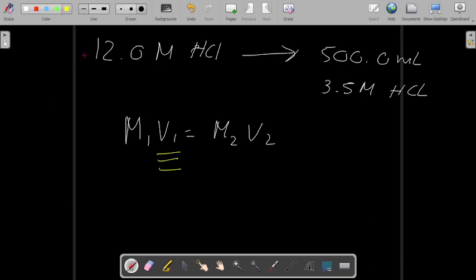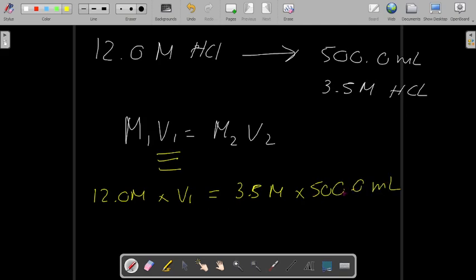Let's put it in the equation for a minute. So this represents the first beaker. You start with 12.0 molarity. We don't know the volume here. We have no idea how much volume we need to add to be able to get a 3.5 molarity concentration, and have 500 milliliters of that solution.